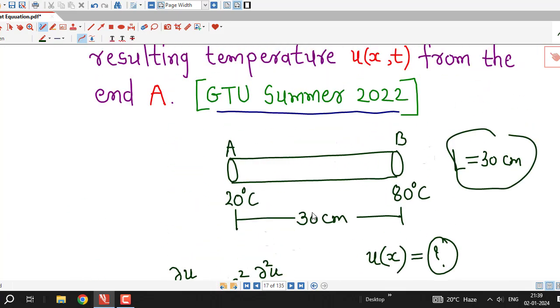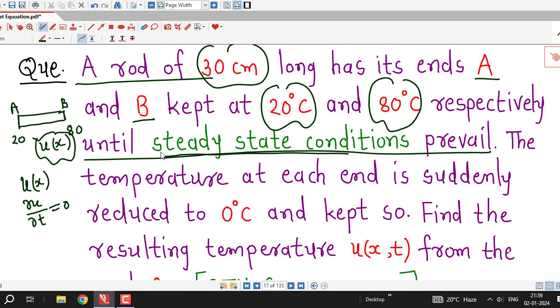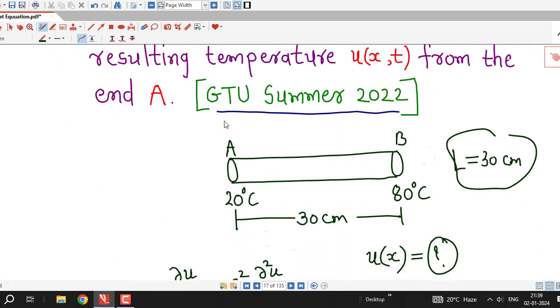Now we can use the fact that until steady state conditions prevail, the temperature at point A is 20 degrees Celsius and the temperature at point B is 80 degrees Celsius. Suppose the rod is taken along the x-axis, then this end is at x equal to 0, and because the length of the rod is 30, at this end the value of x is 30.